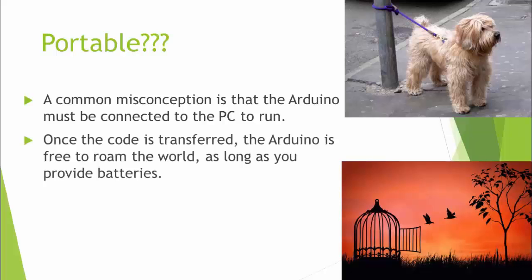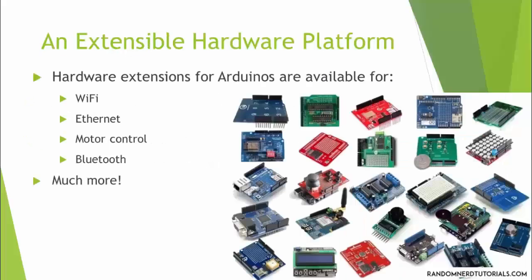In fact, as soon as you've created your code, the Arduino can execute that code, read inputs, create outputs as you need it to, without being connected to any kind of other processing power. The only thing you have to do is provide it with batteries.